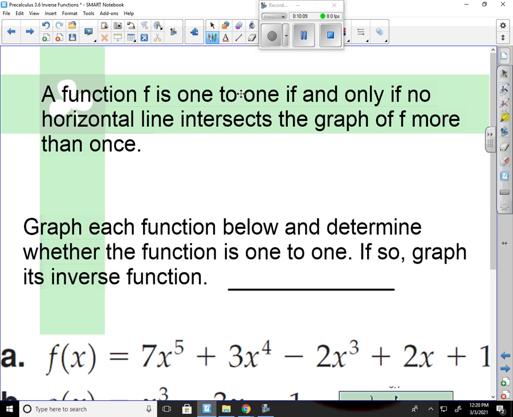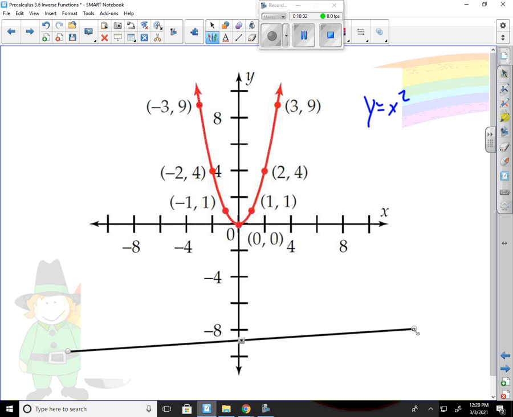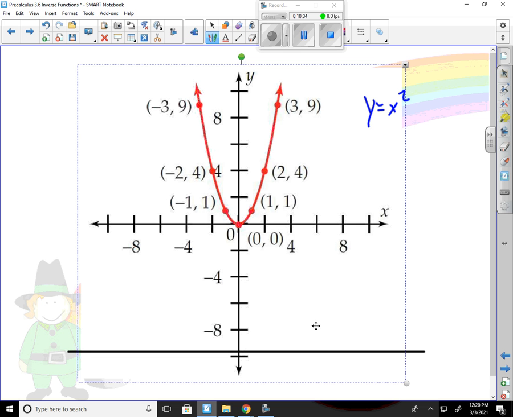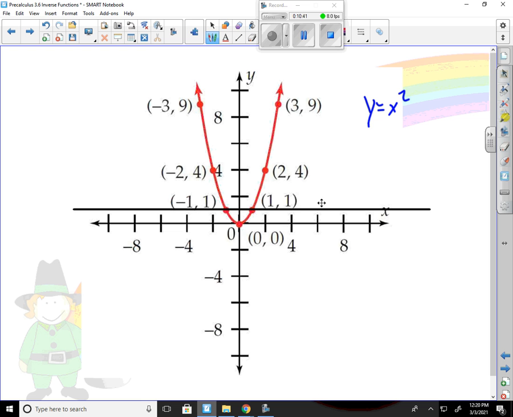A function f is 1-to-1 if and only if no horizontal line intersects the graph of f more than once. So the original function, if I look at that, which we're going to go back to, if I take my line and make it horizontal, if it crosses the graph at more than one spot as a horizontal line, then my inverse won't be a function.